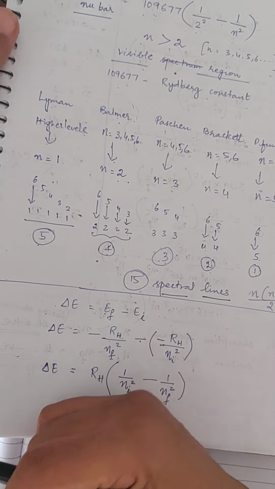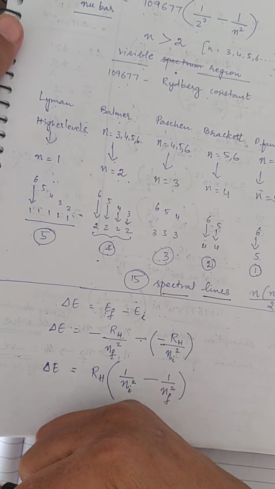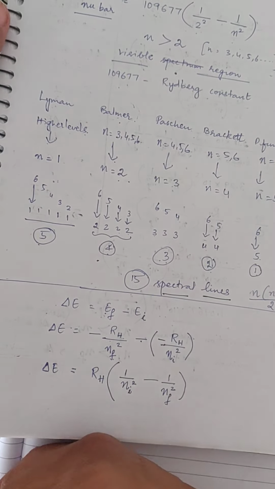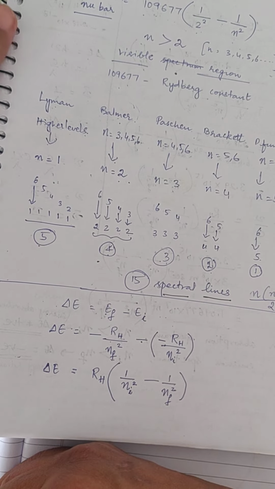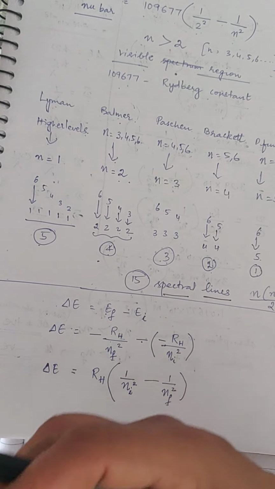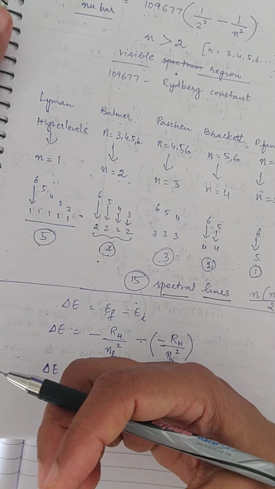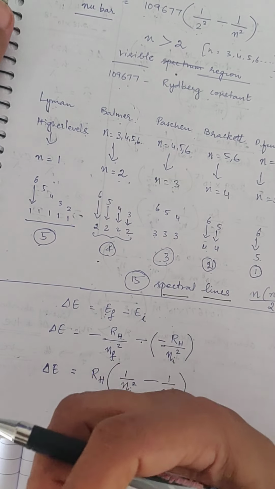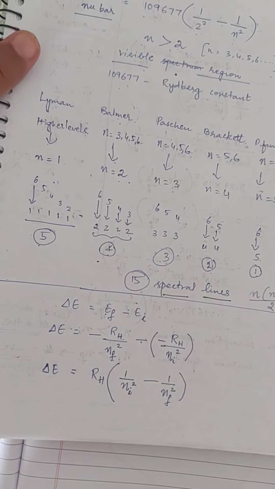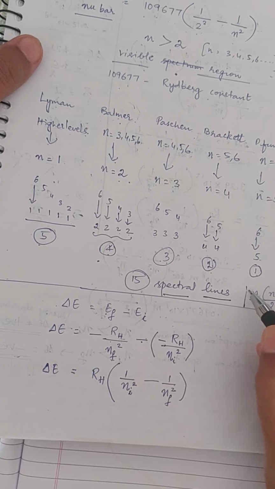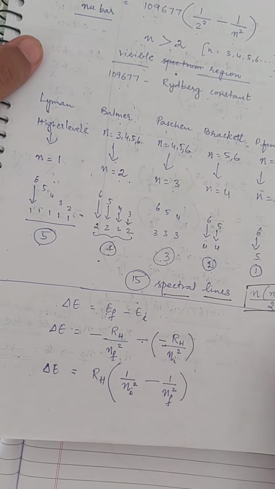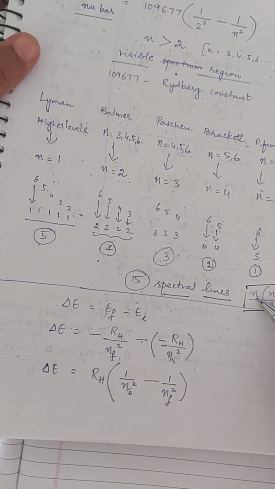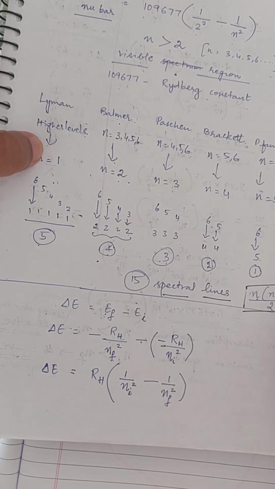So if you know the nth level, that is the highest level, then you can easily find out how many spectral lines are possible for an electron undergoing this kind of transition. That is given by the formula n into n minus 1 upon 2. Here n is 6 because we are taking the highest level to be 6.